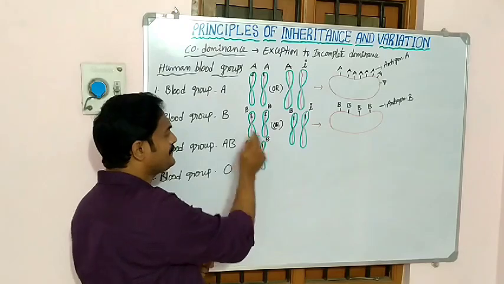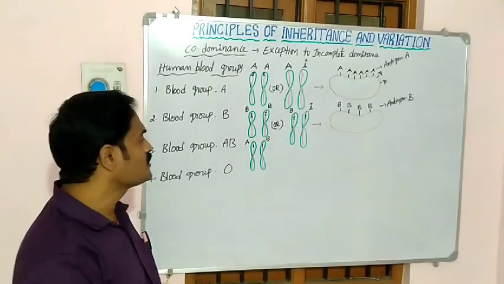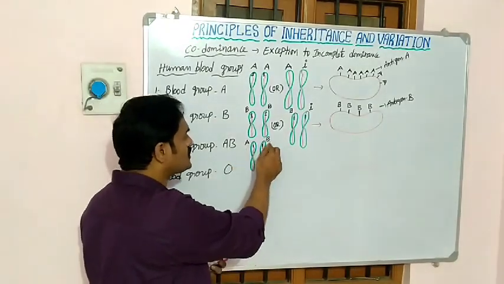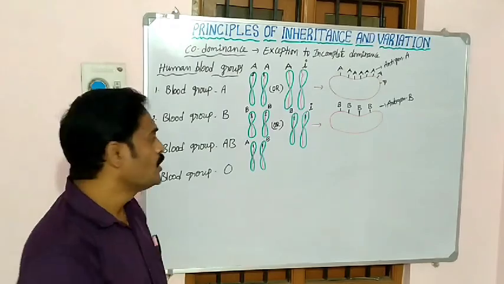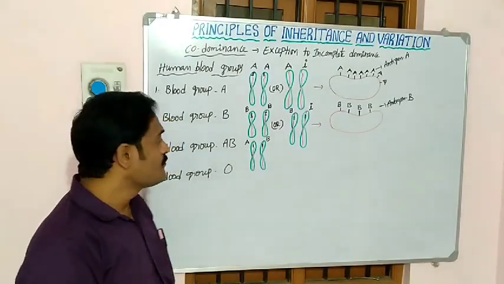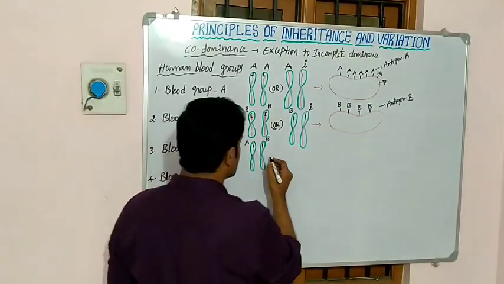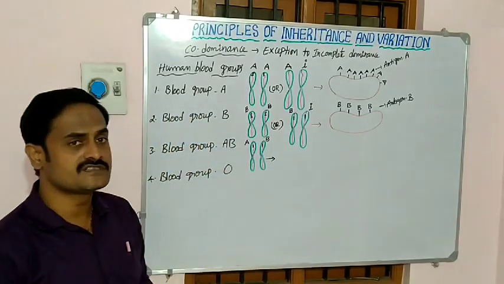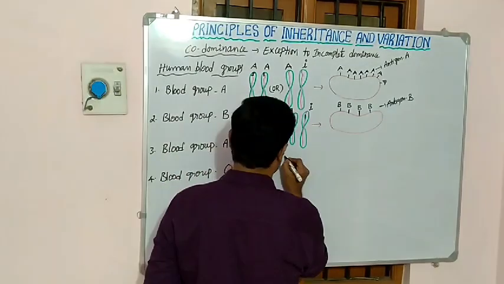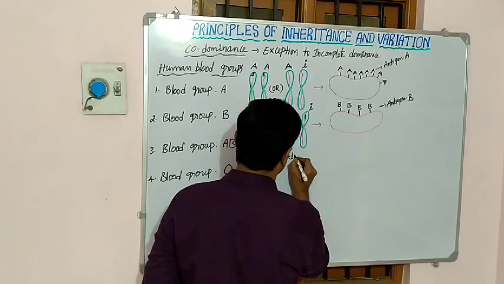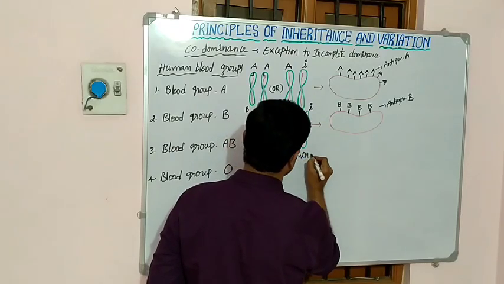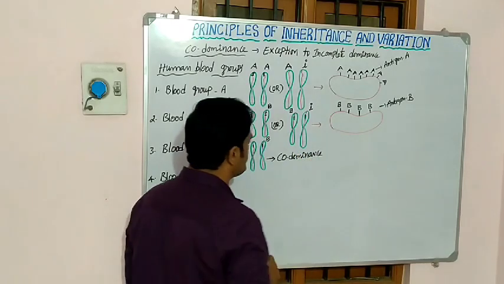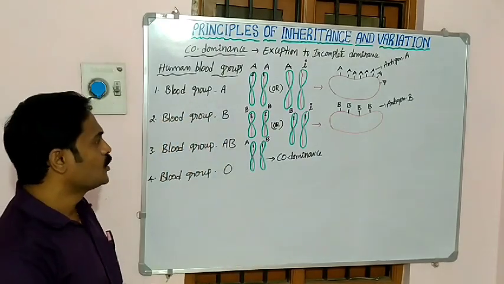Both A and B. Here not only A is dominant, not only B is dominant, both are dominant. For that reason, this kind of blood group gives codominance. Codominance. Remember.